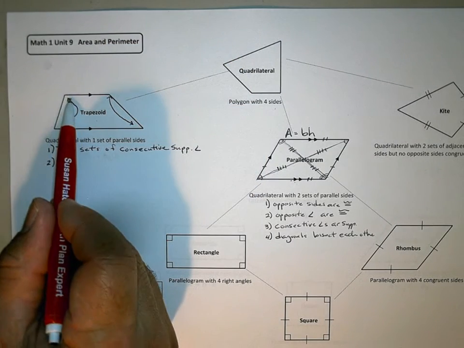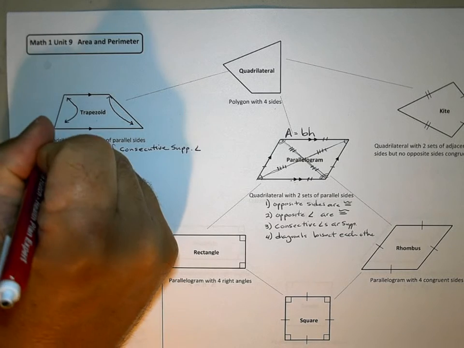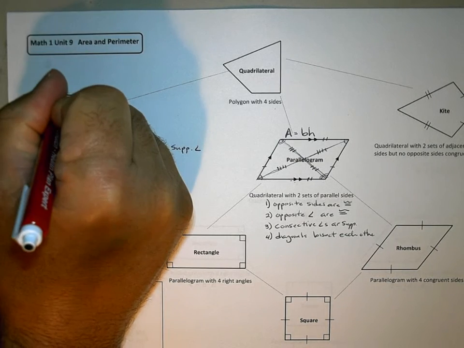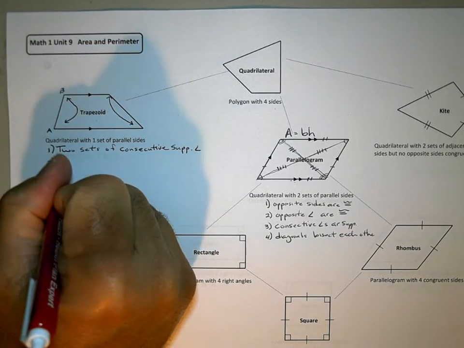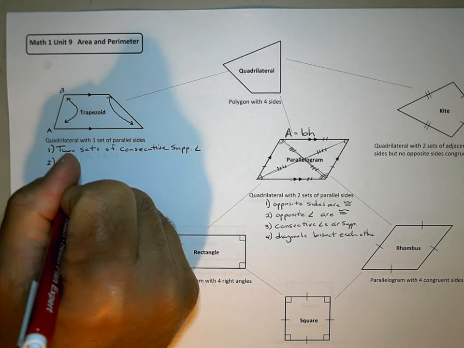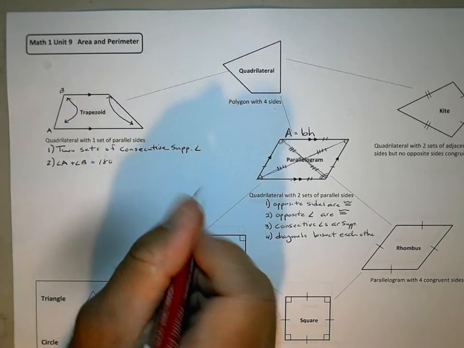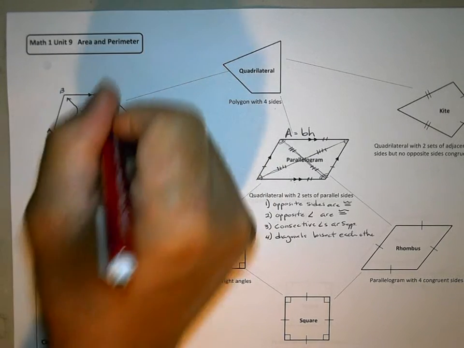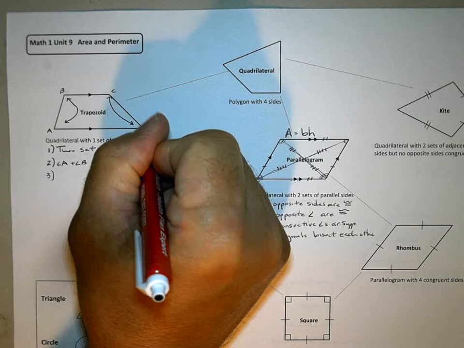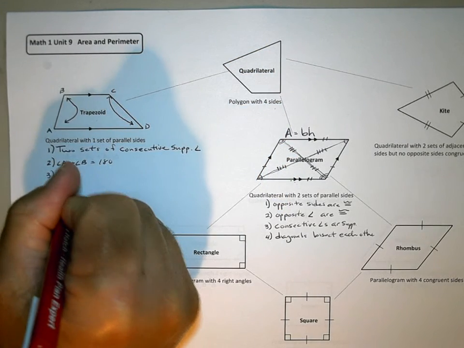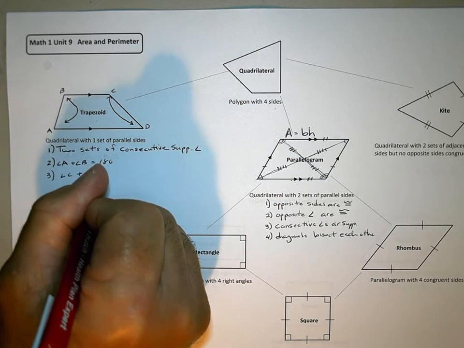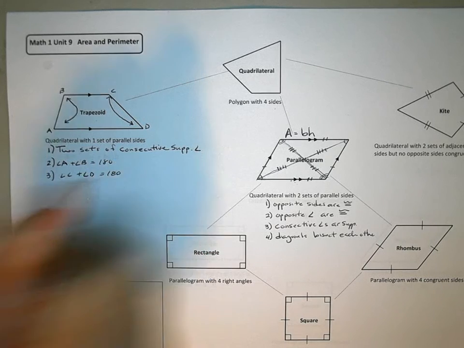Okay? We'll call this angle A and angle B. So angle A plus angle B equals 180. And we'll call this angle C and angle D. Angle C plus angle D equals 180 degrees.